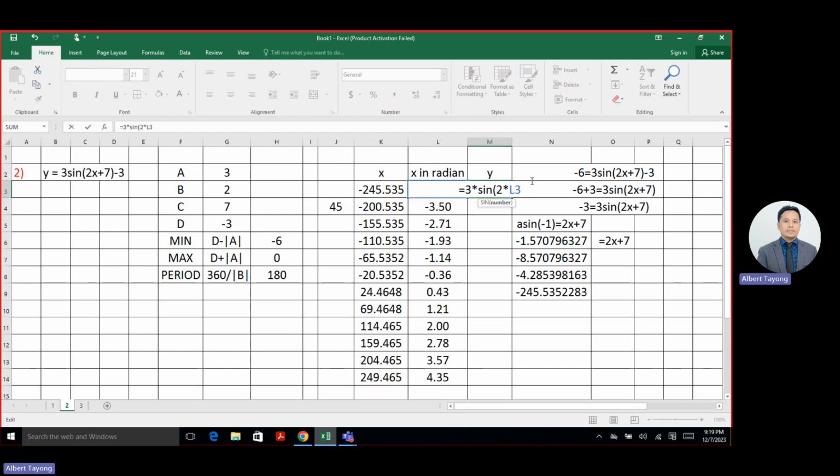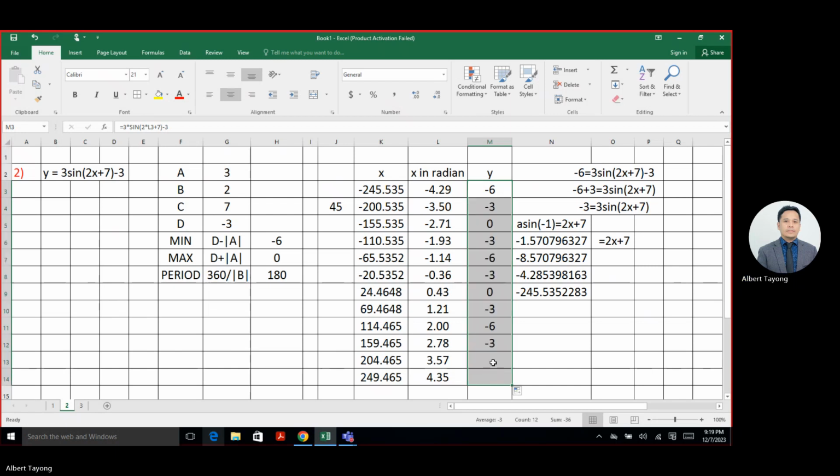A plus 7 minus 3. So we have negative 6. As you can see, that is our minimum. And drag it down. As you can see, we have negative 6 and 0 there as our minimum and maximum.